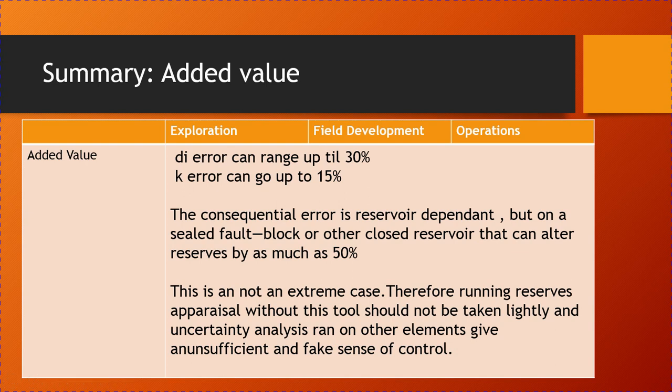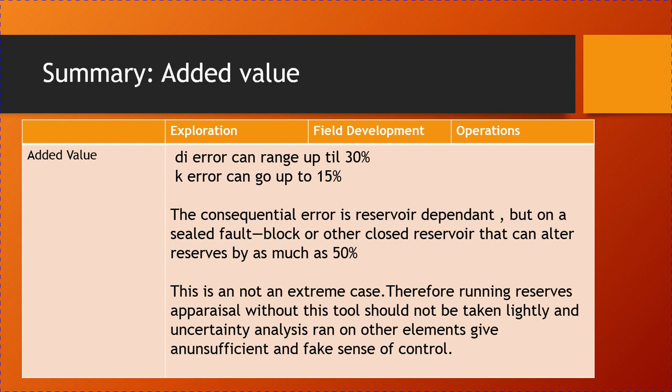So you get a fake sense of control of your reserves when you run a conventional analysis of the uncertainties on your dynamic model. But when you forget to use our tool, this is by how much you can miss the plot.